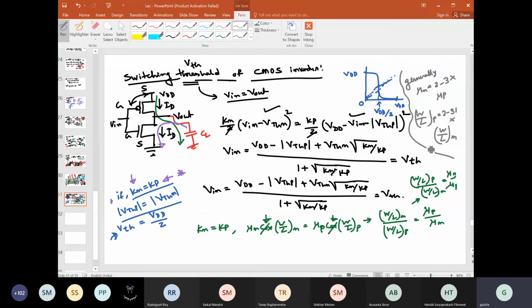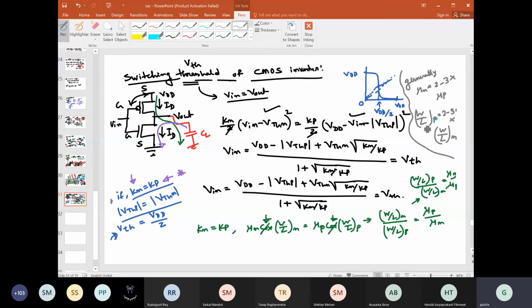Now, one more thing here. The W by L ratio of this PMOS has to be 2 to 3 times that of the NMOS. When we say W by L ratio, but what is L?